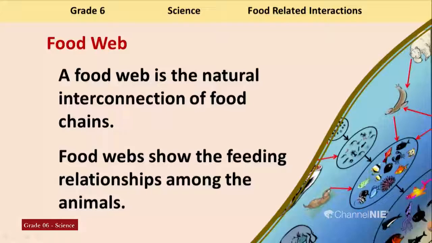A food web is the natural interconnection of food chains. Food webs show the feeding relationships among the animals.